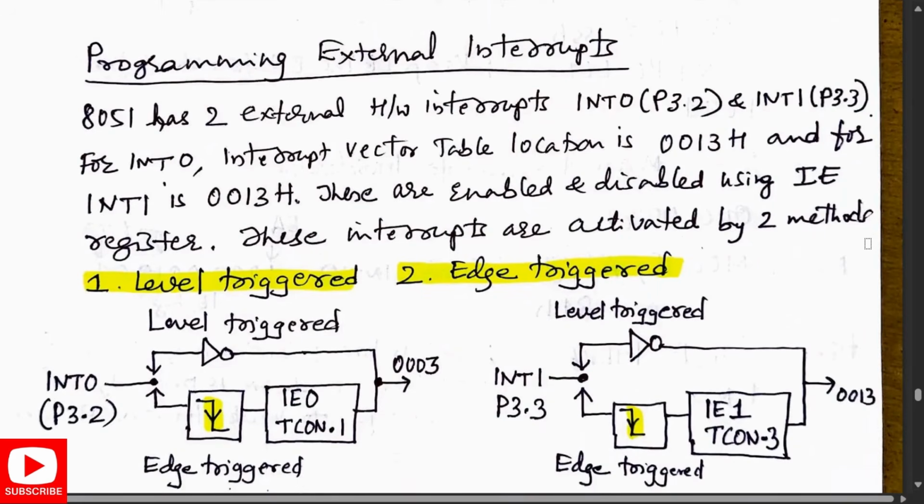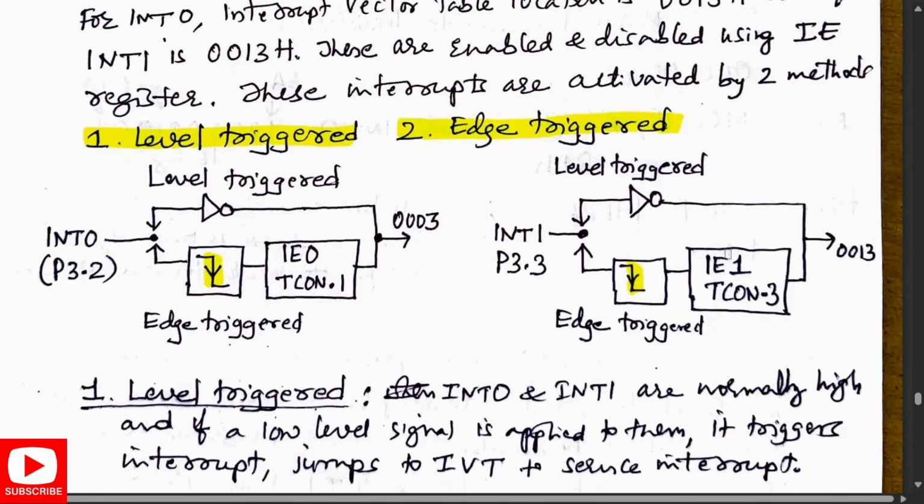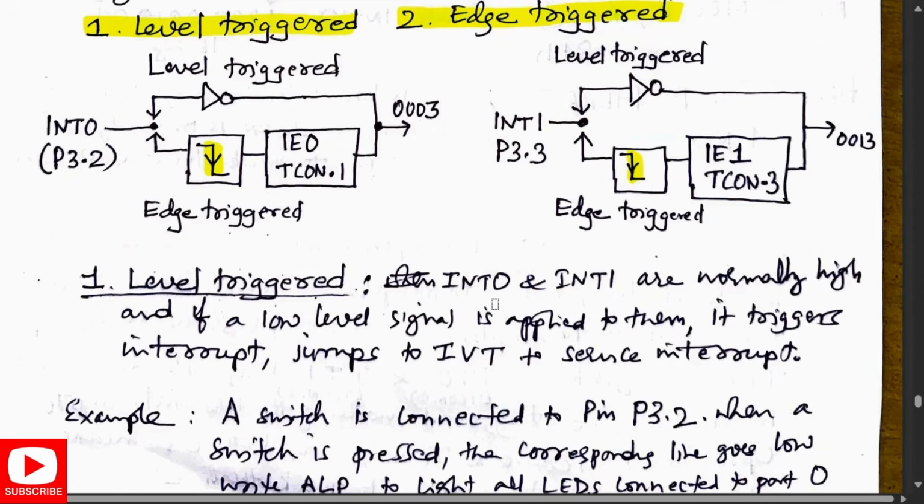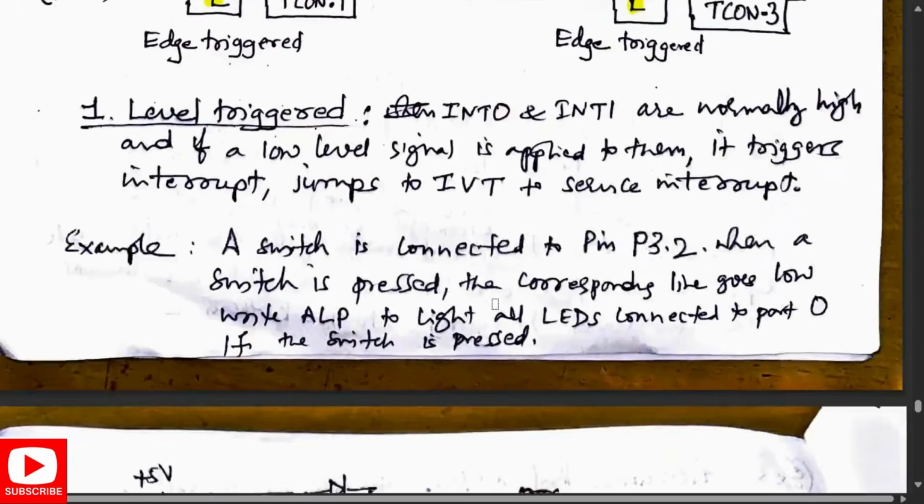Next is programming external interrupts, level triggered and edge triggered. Here you can observe in the level trigger we have IE0, that is TCON.1, and we give a trigger from INT0, P3.2, with a NOT gate, and here INT1 with P3.3 and IE1, which is TCON.3. For level triggered, INT0 and INT1 are normally high, and if a low level signal is applied to them, it triggers the interrupt and jumps to the IVT to service the interrupt.